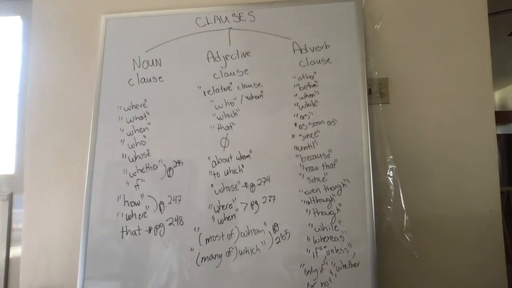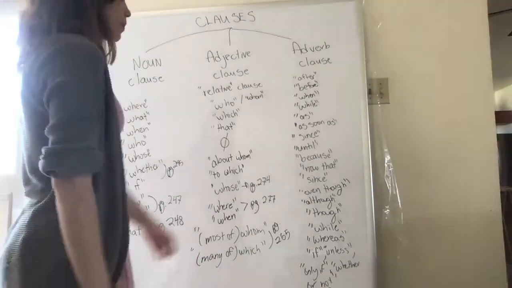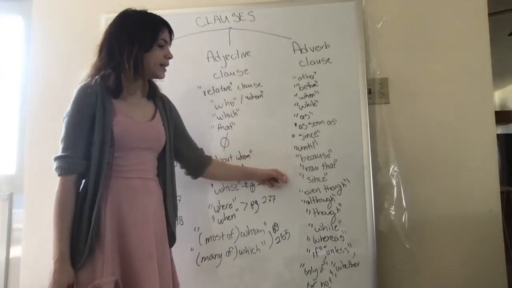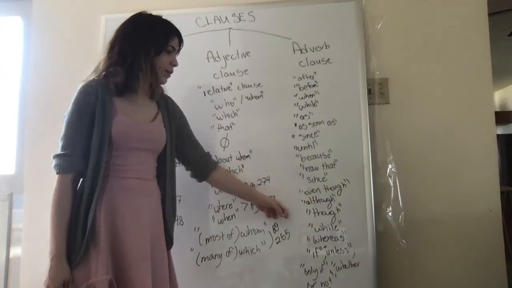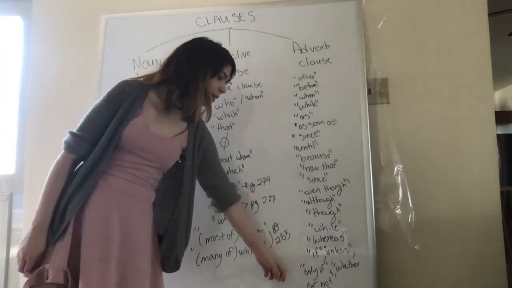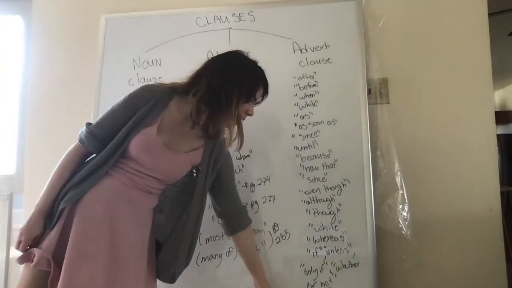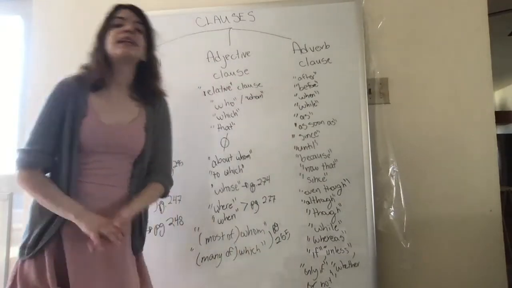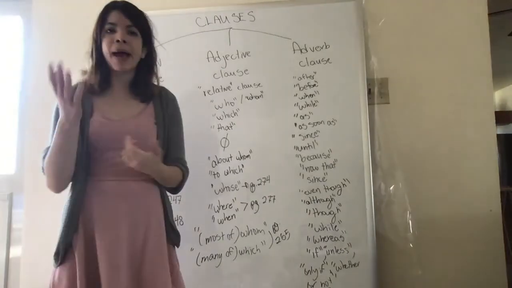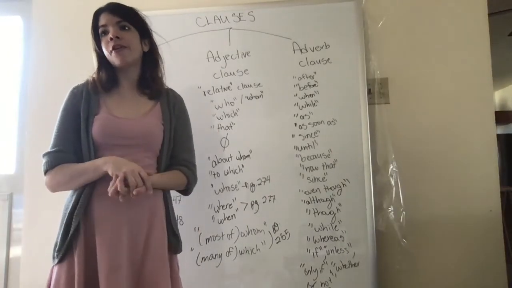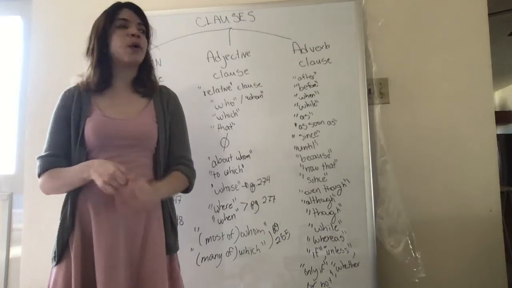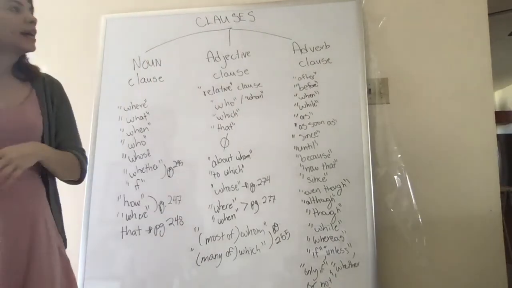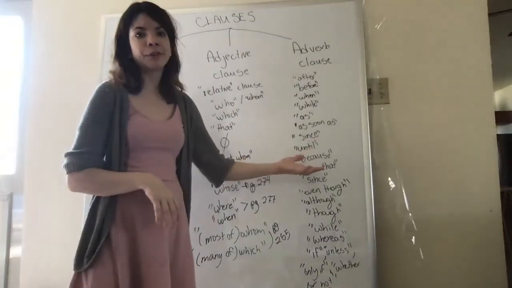So we have words like as soon as, since, until, because, now that, even though, although, though, while, whereas, if, unless, only if, whether or not, even if, in case, in the event that. So we have all these different words that talk about a manner in which a verb is being conducted. Or it talks about a quality or manner, describes an adjective, right? Or it describes another adverb.